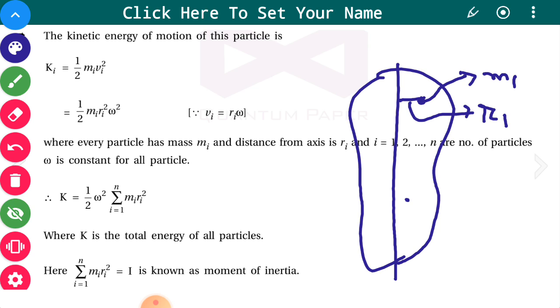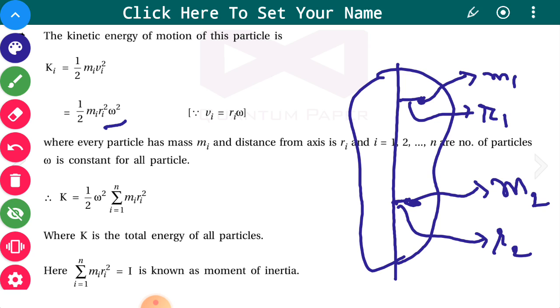If you have a second particle here, its mass is m2 and this distance is r2. This way, if you have n particles, then this r_i omega squared into m_i can be represented this way.